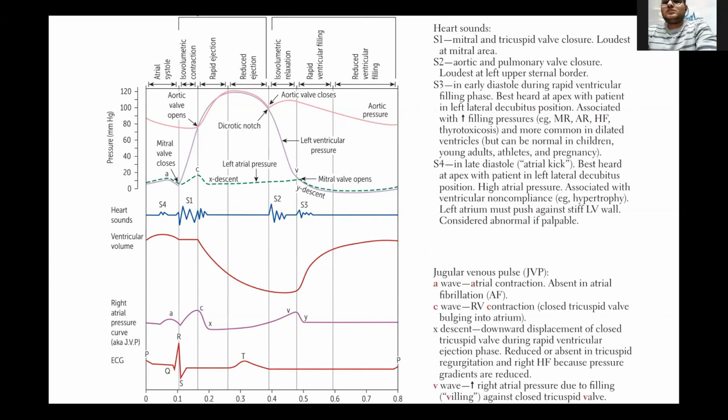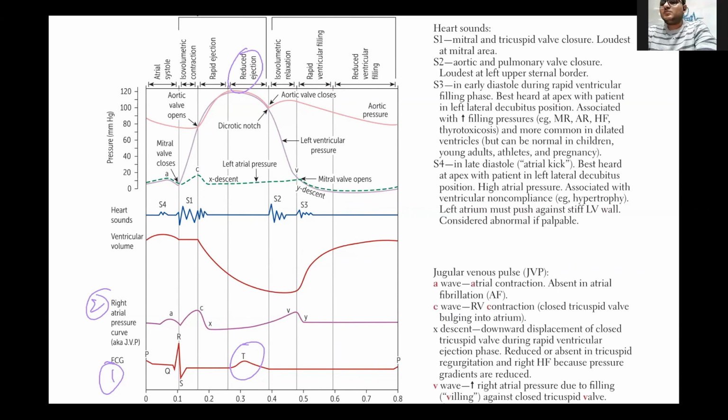Now I will discuss the next point, which is reduced ejection. It is also ejection, but it is reduced. What will be the changes in reduced ejection? Number one change in ECG, it will make the T wave. What will be the changes in the jugular venous pulsation?